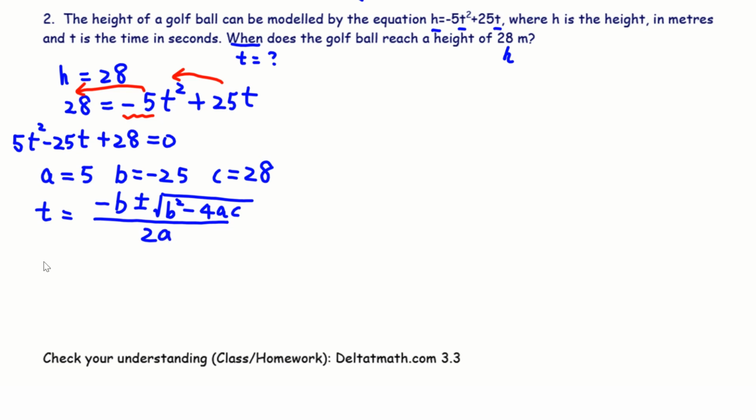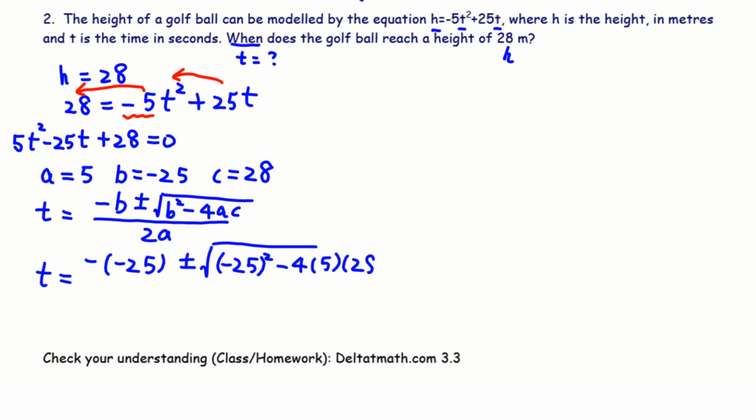Then we sub in the numbers. b is negative 25, so negative bracket negative 25, plus minus square root of negative 25 bracket squared minus 4 times 5 times 28, then all over 2 times 5.